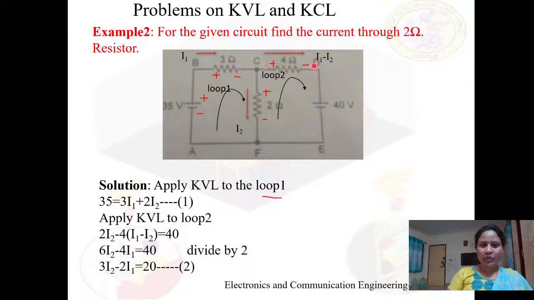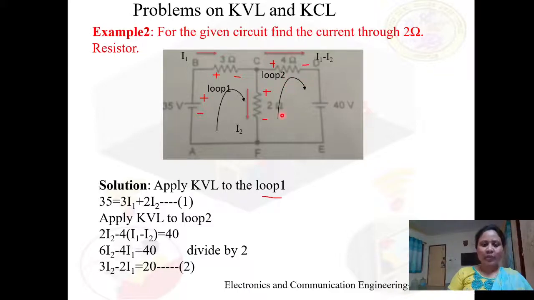And from point C to D, the potential sign changes are from positive to negative, there is a drop in potential, therefore it is taken as minus of 4 into the current flowing through the 4 ohm resistor, which is I1 minus I2. So here the current enters at this particular point C, and I2 we have assumed it leaving, therefore I1 minus I2 is equal to the resultant current through the 4 ohm resistor as per the KCL rule.